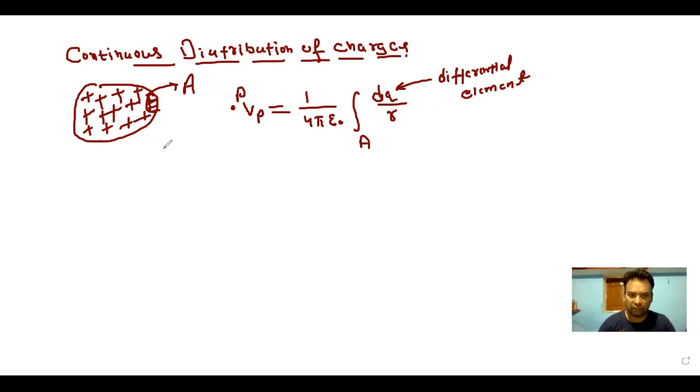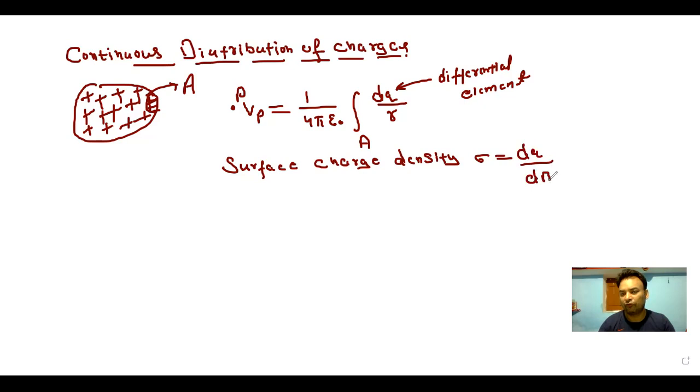And we know that in case of surface charge distribution, the surface charge density is represented by sigma. So sigma is equal to dq upon dA. So from here we can find dq. So dq is equal to sigma into dA.